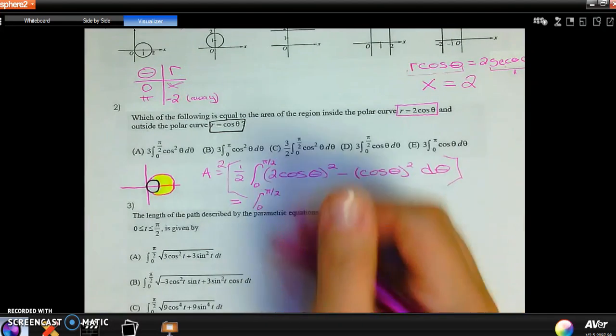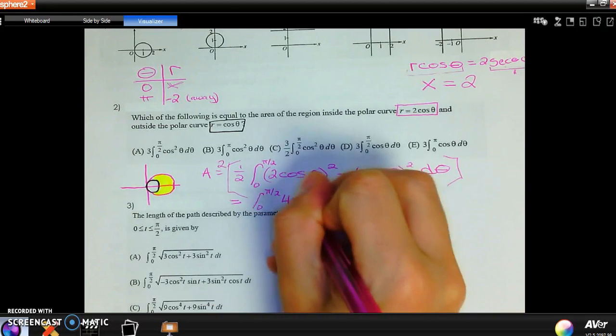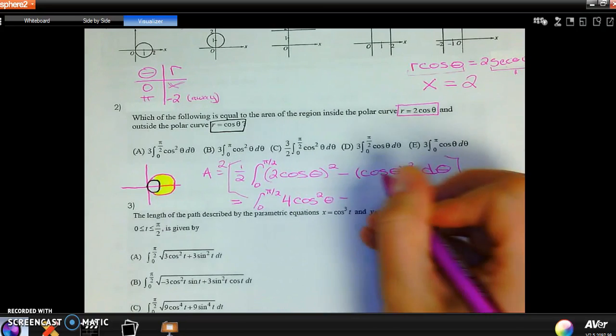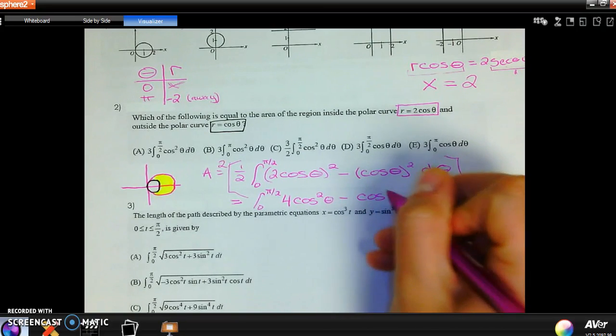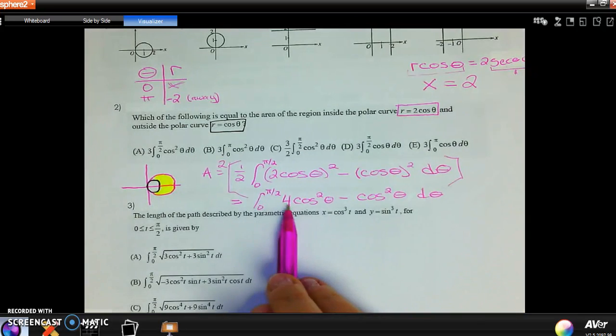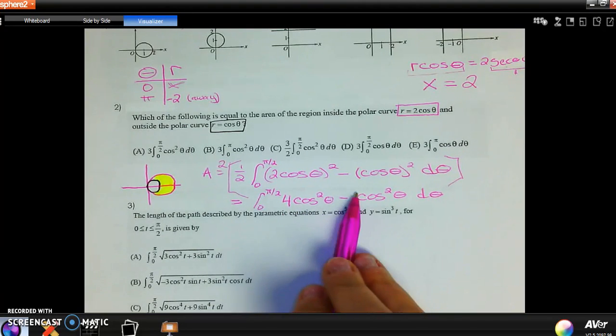So you're going to get 4 cos squared theta minus cos squared theta d theta. So if I have 4 cos squared thetas and I subtract 1 cos squared theta, that leaves me with 3 cos squared thetas. And I'm hoping that that is an answer choice.